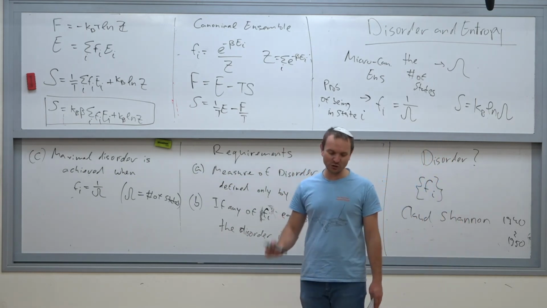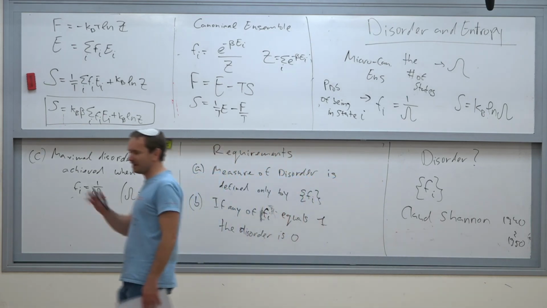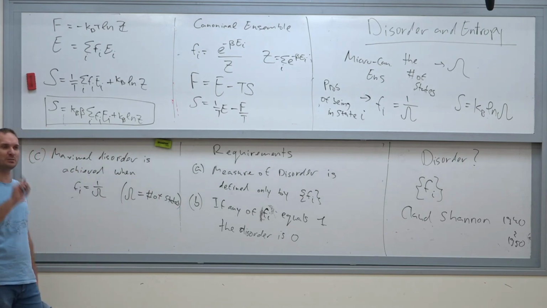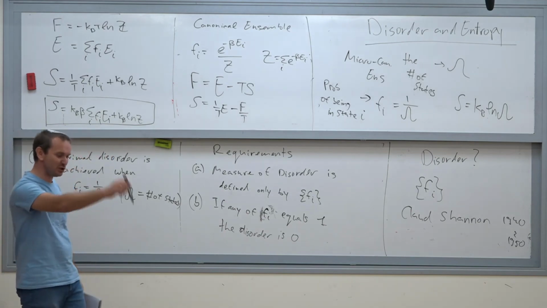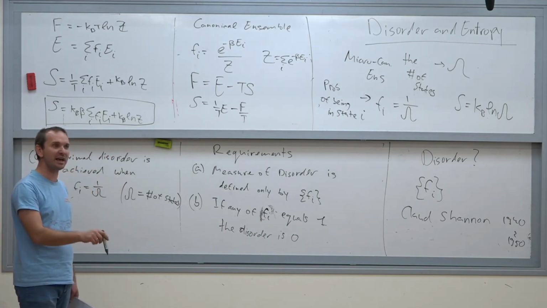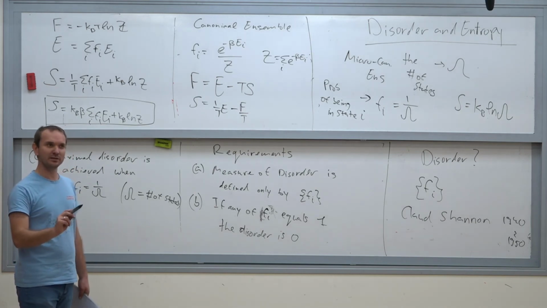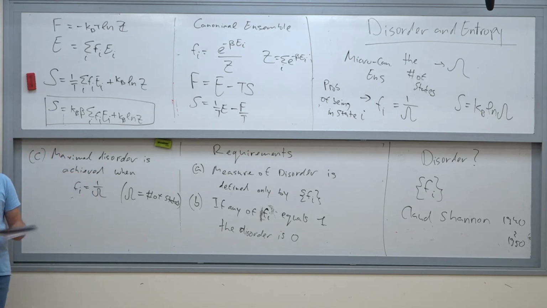And your system can choose any one of them with exactly the same probability of 1 over 30. According to Shannon, this is the maximal disorder that you can have, because you do not have any specific situation or any specific area where the system is plausibly to be found. It can be anywhere. So from Claude Shannon's perspective, this is the most disordered situation.